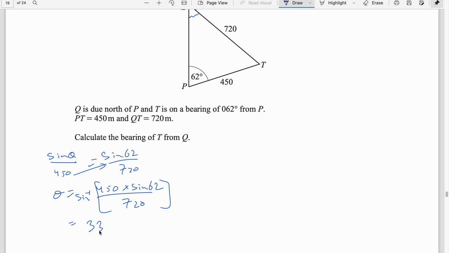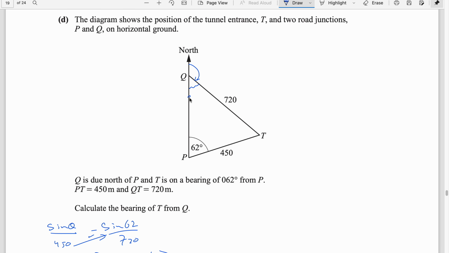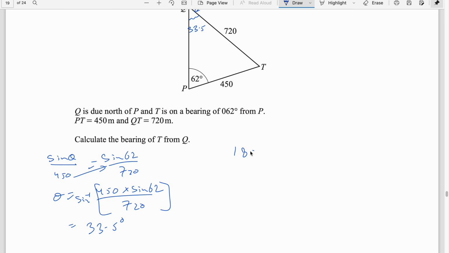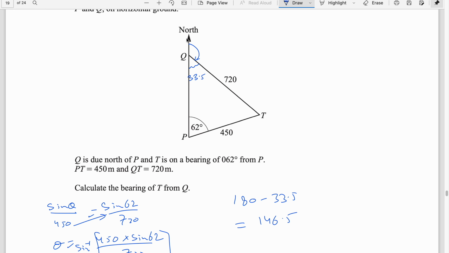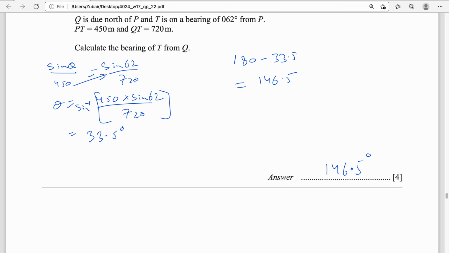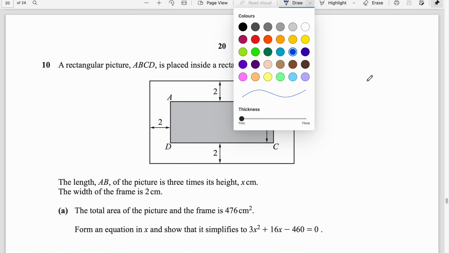This is 33.5 degrees. Finding the angle above this point: 180 minus 33.5 is 146.5. So the bearing of T from Q is 146.5 degrees.